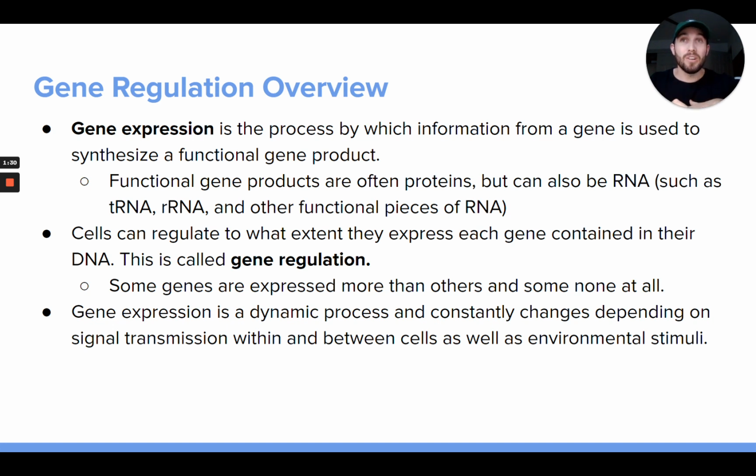And so genes are constantly being turned on and expressed, and some genes are being turned off and not expressed, and some genes are being turned on and expressed a lot, and some are being turned on and expressed a little bit. And so it depends on the cell and sometimes also environmental factors that determine what genes a cell is using, when it's using those genes and how much it's using those genes. And so that whole process of a cell controlling all of that is called gene regulation.